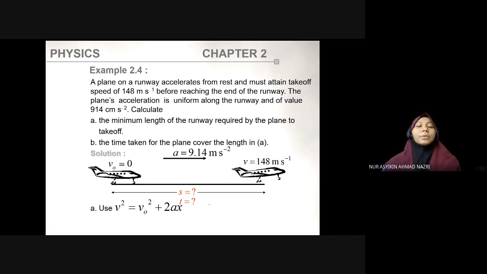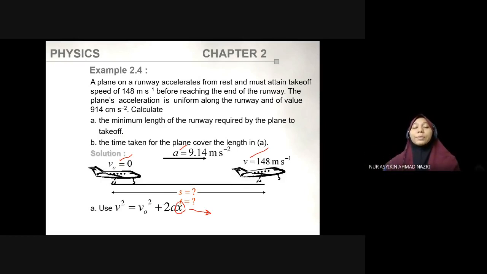Whatever question is asked, you must be able to answer. Alright. So for the expression, since we have initial velocity, final velocity, and acceleration here, and you need to find X, I think this is the most suitable expression to use. It makes your life easier, because there is nothing else involved apart from what we already have.